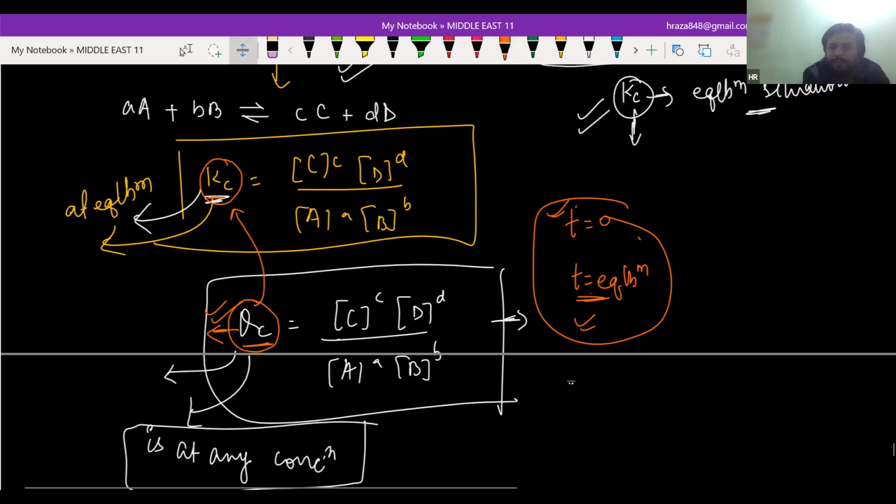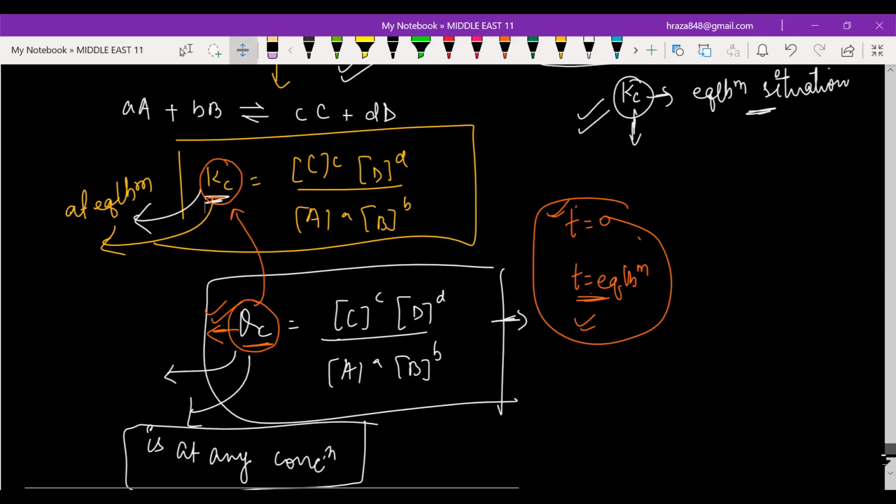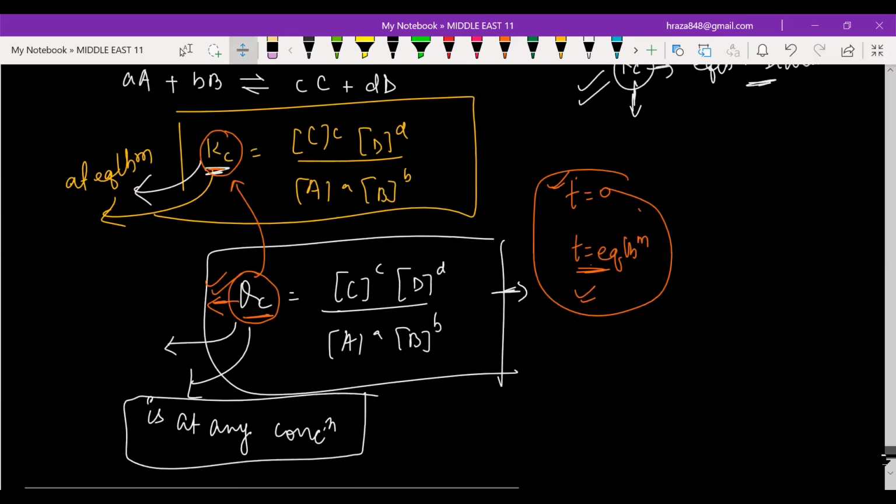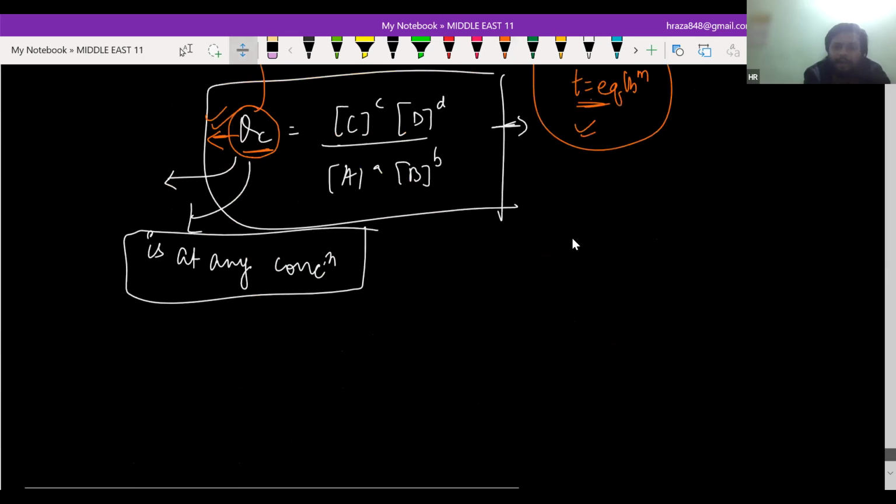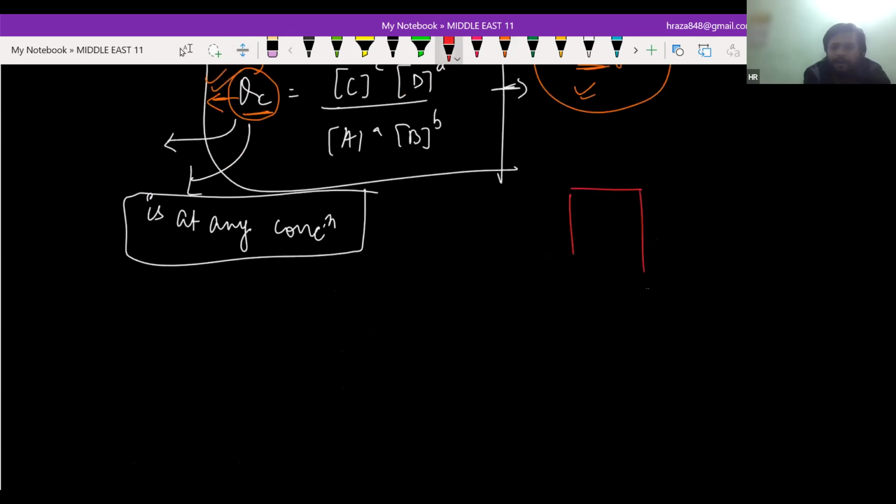Saif, just take the example of the tank that we took earlier. There are two tanks, and this one is full of water. You connect a pipe between them. What will happen?